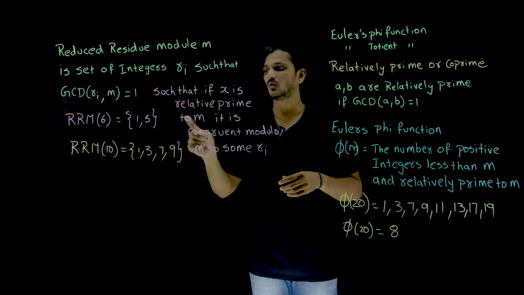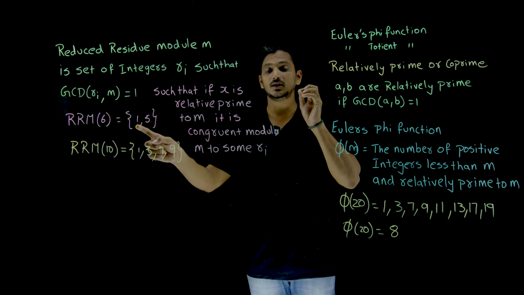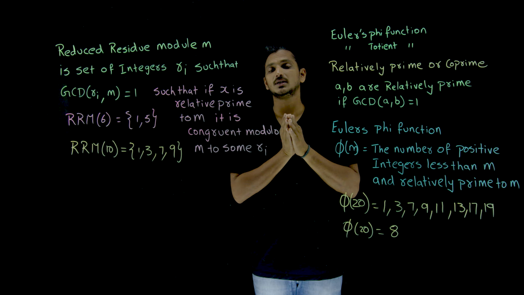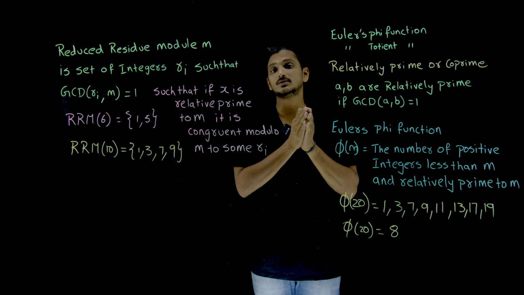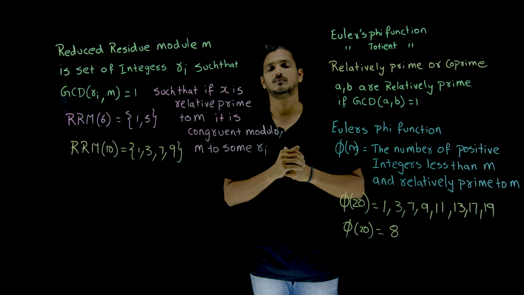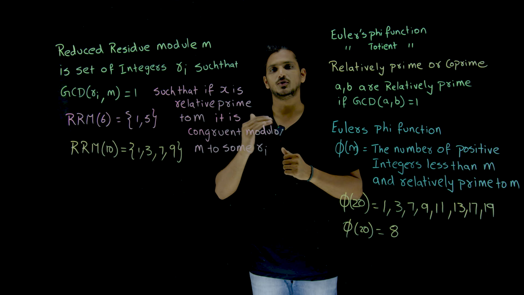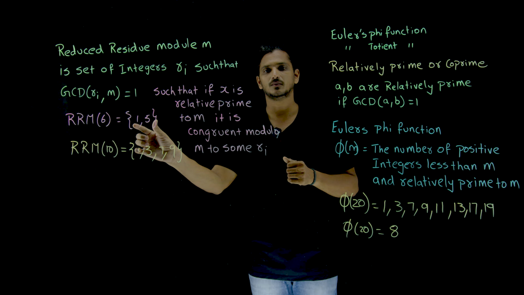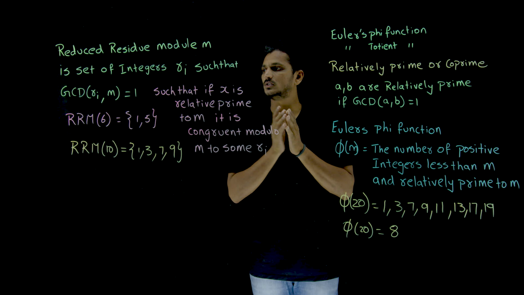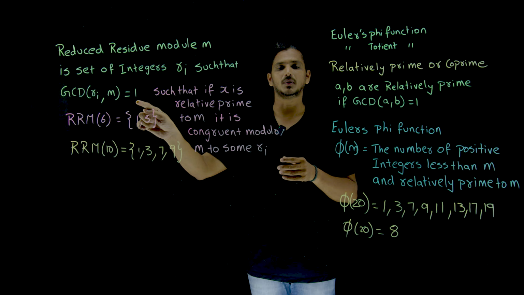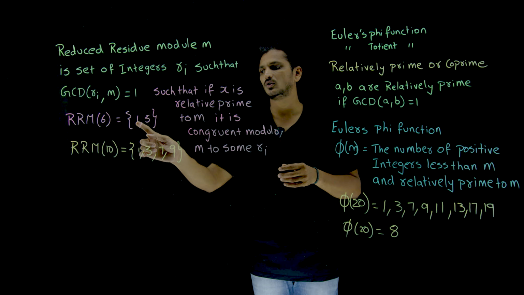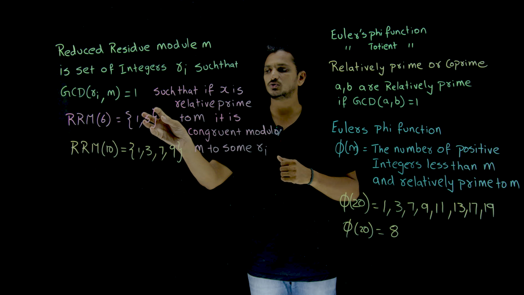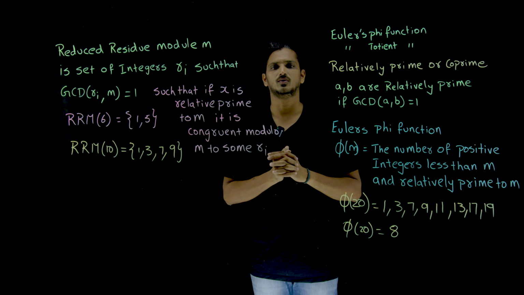That's why 1, 5 are taken as the reduced residue modulo. Similarly, 11 modulo 6 is 5. You get one of the values in this reduced residue modulo. Similarly, GCD of 13 comma 6 is equal to 1, but 13 modulus 6 gives 1. So that's why these two we call the reduced residue modulo.